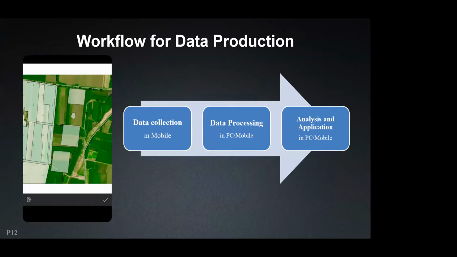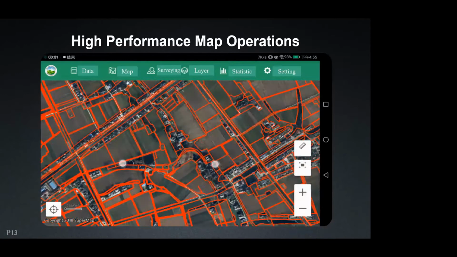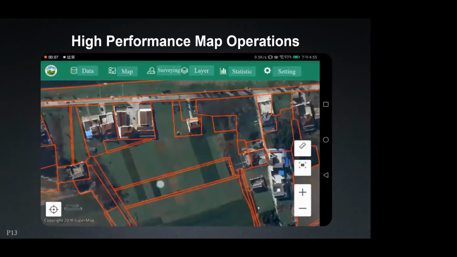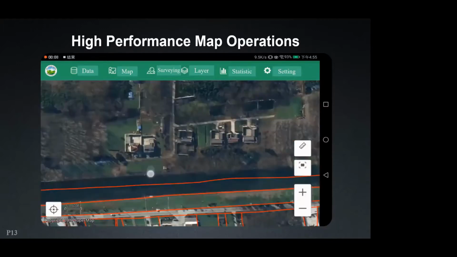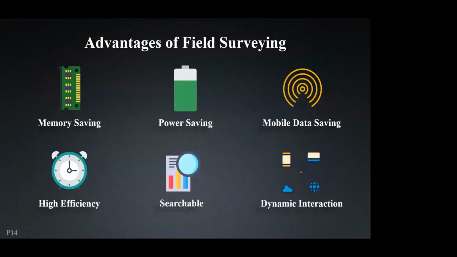SuperMap template also provides high performance map operations, so you can view the collected results on your mobile with high performance. And there are many advantages for field serving, so you don't need to worry about there not being enough memory or enough power.